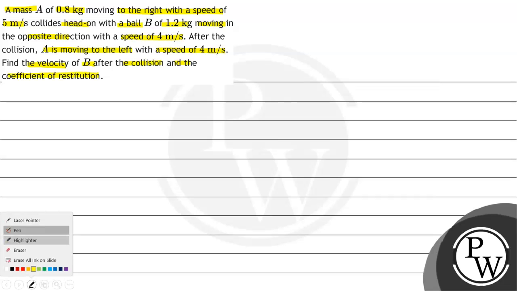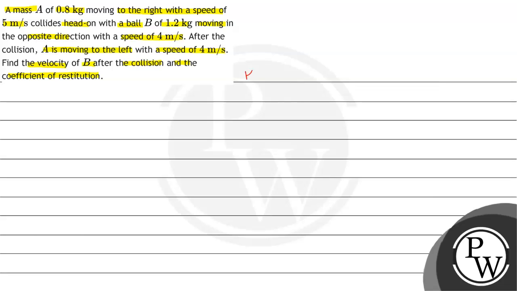Okay, so let us first revise the key concept behind this question. The first key concept is that whenever there is a system and there is no net external force acting on the system, then the conservation of linear momentum holds.